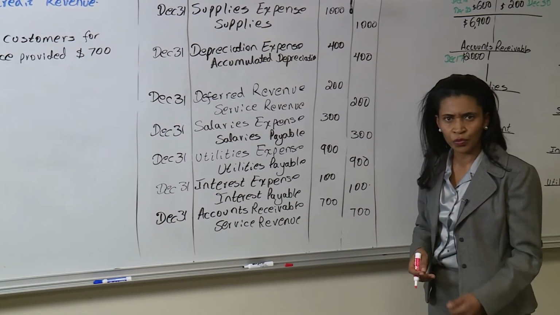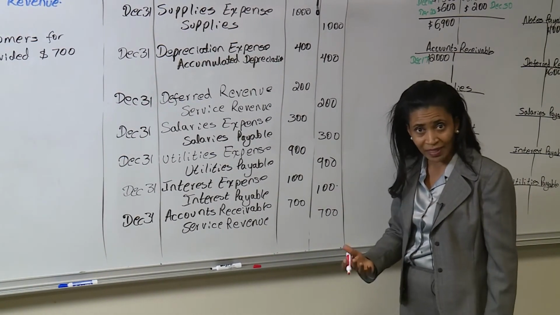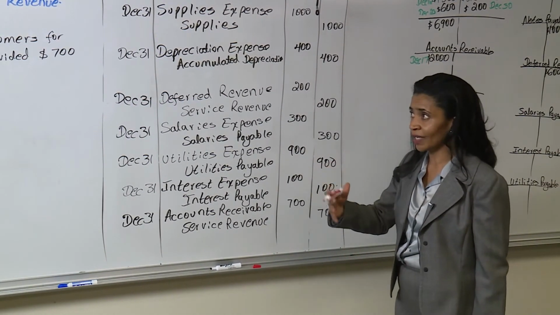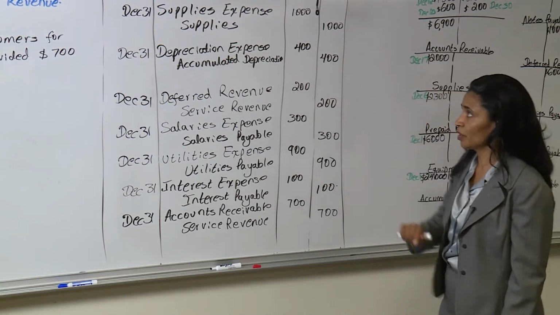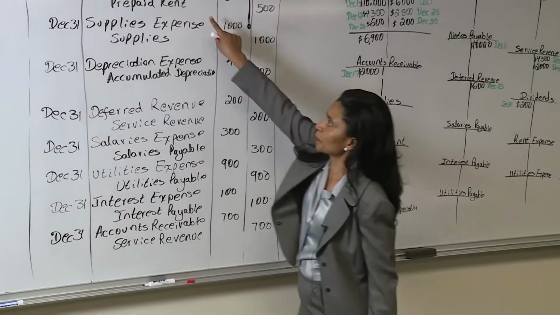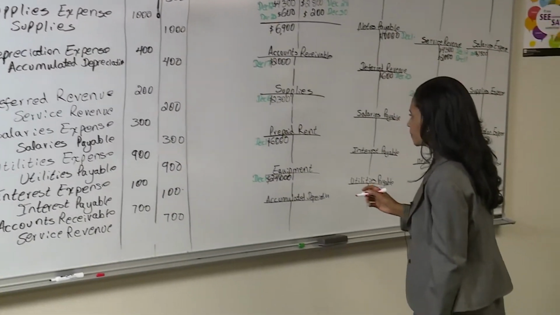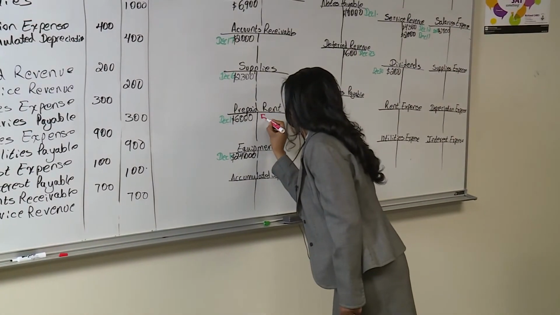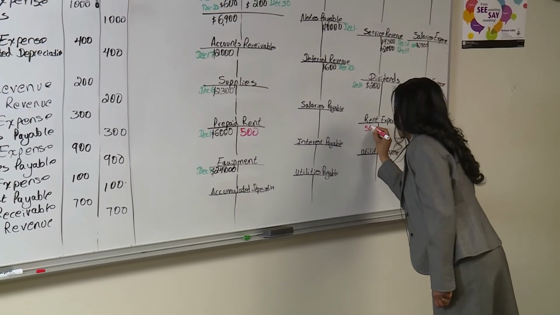And basically, we do the same thing. We post this to the T account, we calculate the balance one more time, and prepare the adjusted trial balance, because we adjust them by doing this. So if I post rent expense, prepaid rent, 500, for prepaid rent, 500 credit, and rent expense debit, 500.